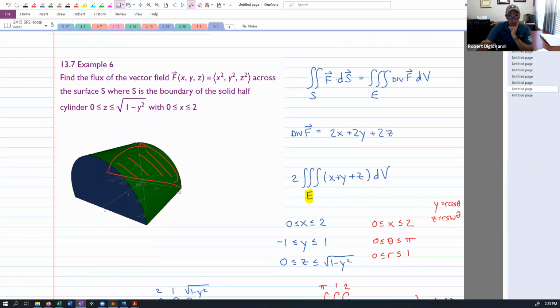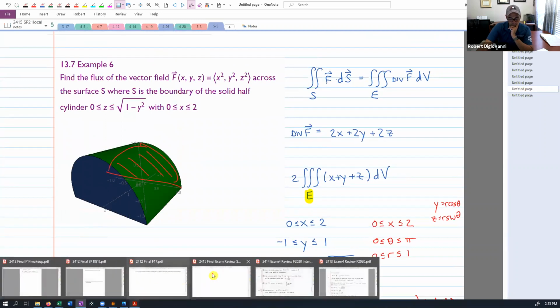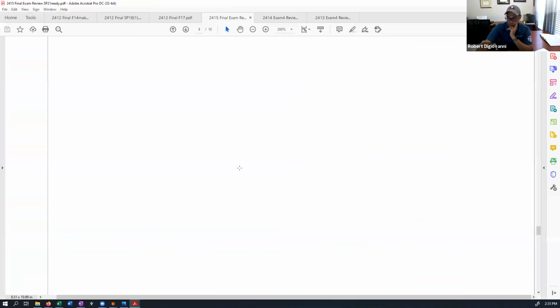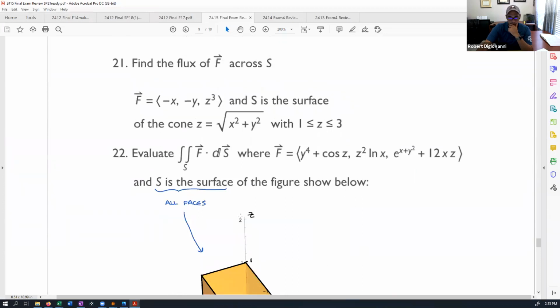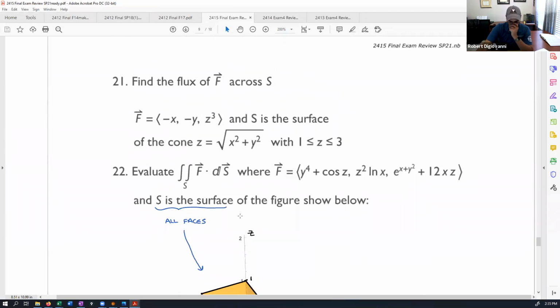So if we go back to the review. Okay, number 21, find the flux across the surface. And this is a cone. Okay, so that's a cone that looks like this, where z is between 1 and 3.